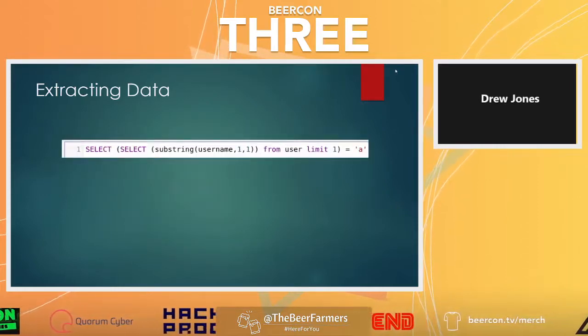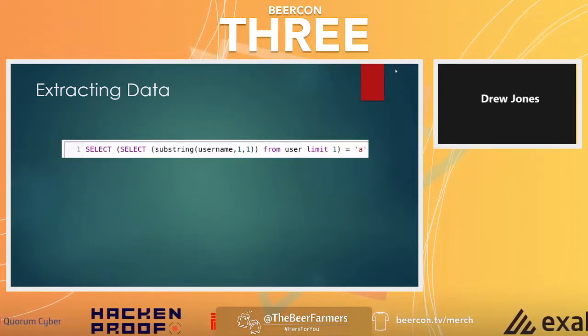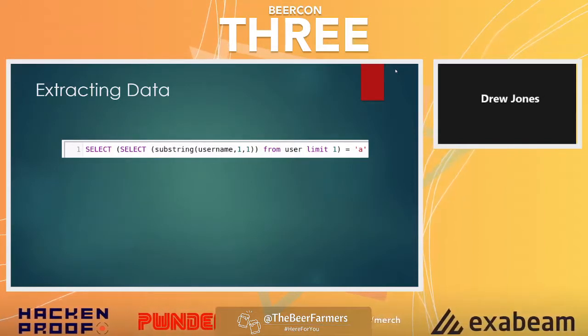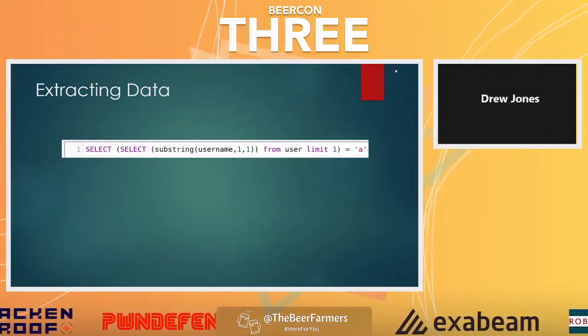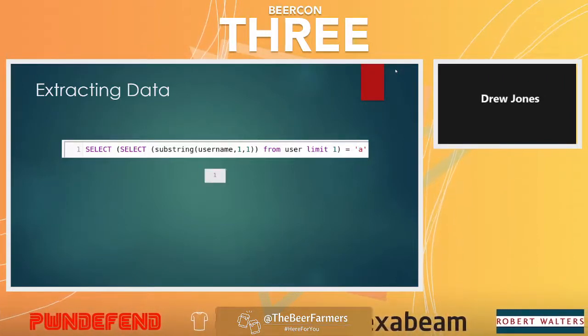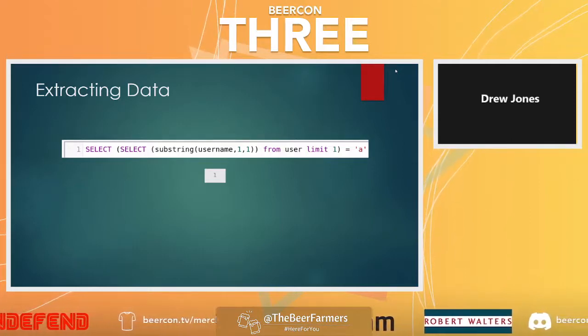So now we need to actually ask it a question. After we have set up our select statement, we're going to ask if the first letter is equal to A. And if it does, we'll notice that the response from the database is going to equal 1, otherwise known as true.